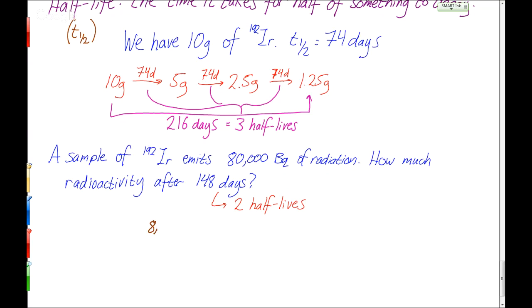So we've got 80,000, not 8,000, to start with. After 74 days, which is 1 half-life, we've got 40,000. After another 74 days, which is 2 half-lives, we've got 20,000.